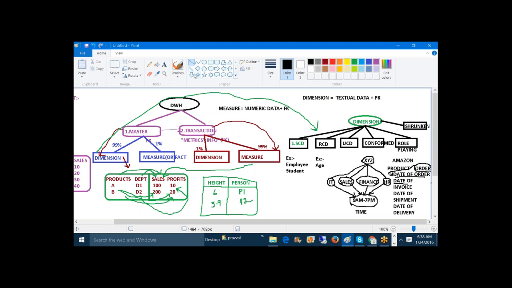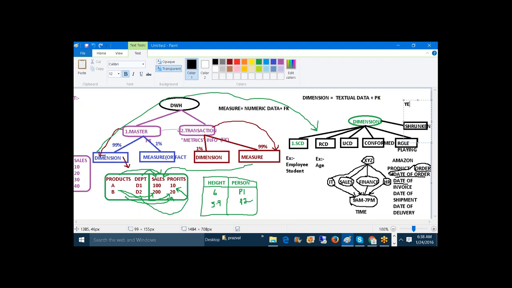Let's say, for example, if you take year, quarter is the subpart, right? So the subpart or the subset of one dimension is known as the shrunken dimension.